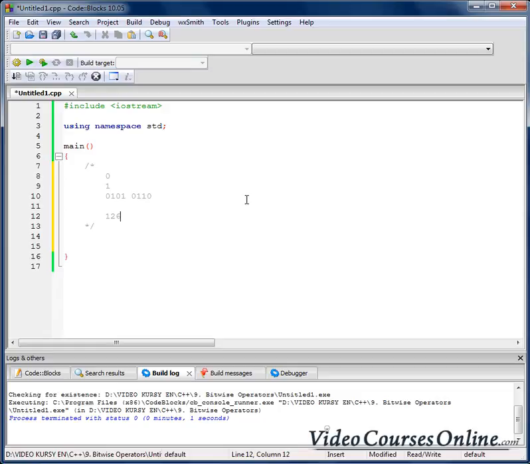This number is really created of something like that: 1 multiplied by 10 raised to the power of 2, plus 2 multiplied by 10 raised to the power of 1, plus 6 multiplied by 10 raised to the power of 0. As you can see, that is equal to 100, that is equal to 20, and that is equal to 6, because 10 raised to the power of 0 is 1, right? So 1 multiplied by 6 is 6.